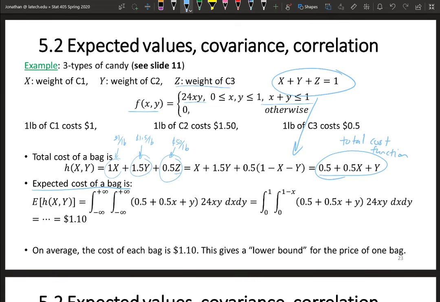So the expected value of this function, the total cost function, is going to be the double integral of the function. And this is our function, h of x, y times 24xy. That double integral, once you do it all, you plug in the bounds. Notice we put in the bounds. We're doing y first. Mistake here. We'll do y and then x. Oh, frustrating. Can't believe I haven't seen these before.